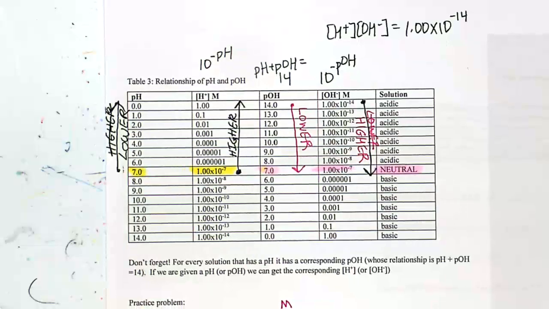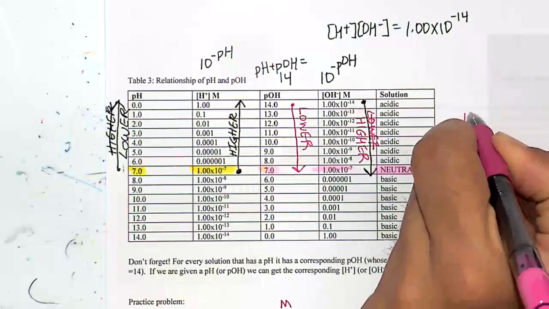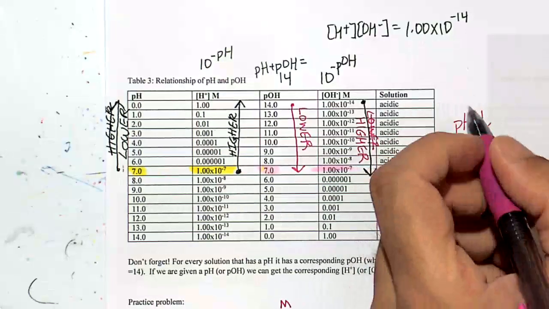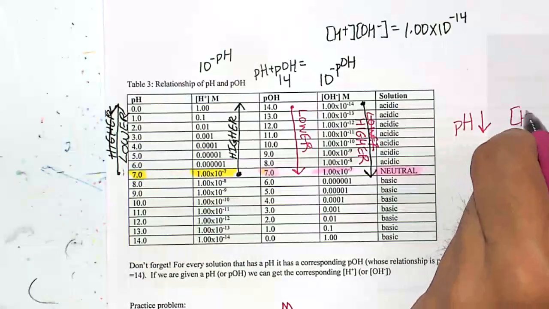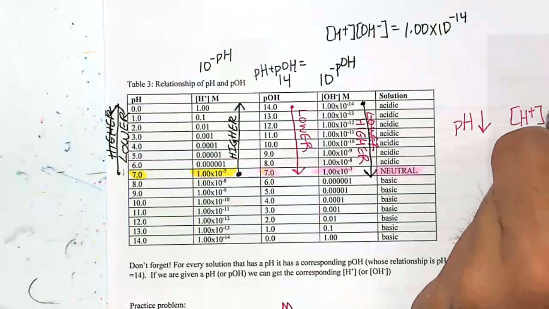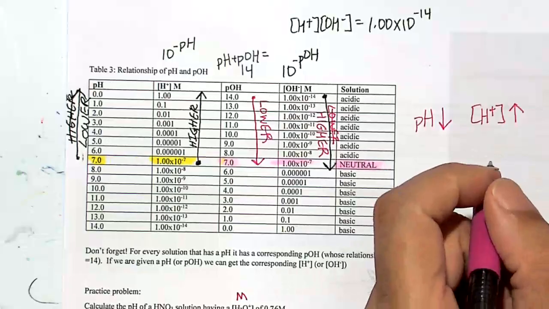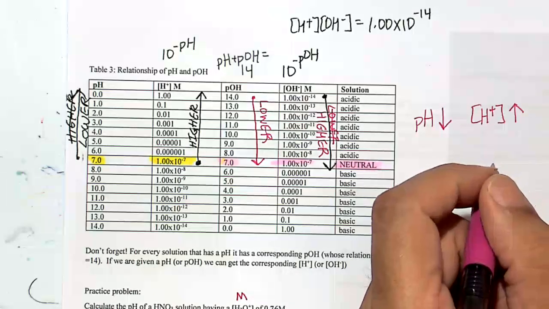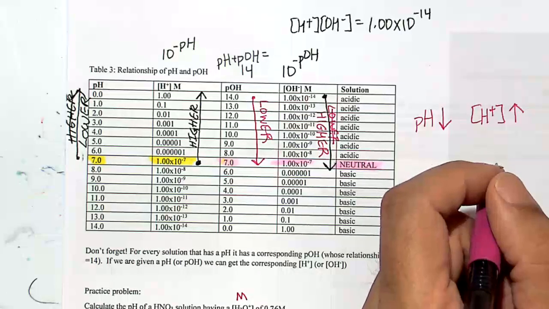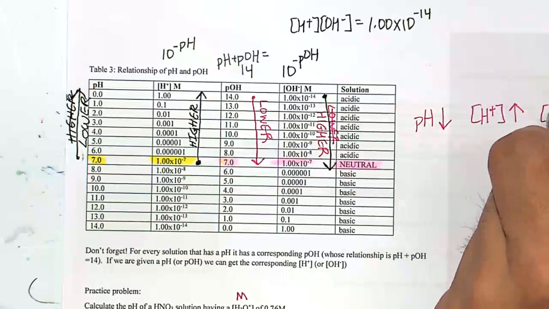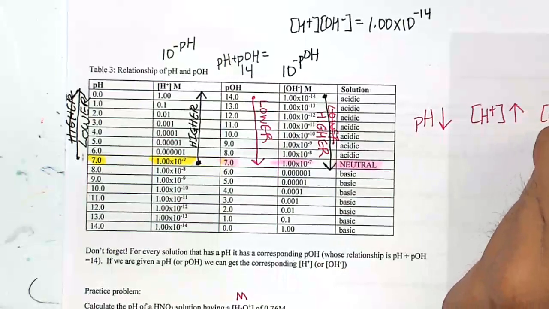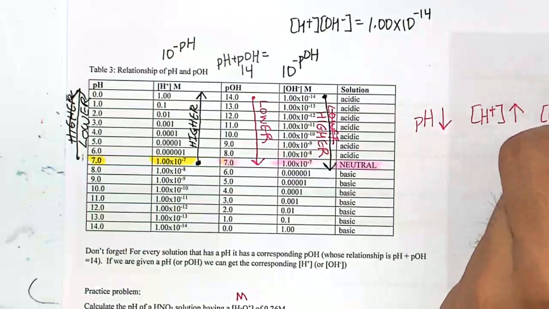I just want you to know the trends, okay? The trend is this, I'll write it down. As your pH gets lower, your H plus concentration gets higher. Okay, that's it. So everyone, the pH gets lower, H plus concentration gets higher? Mm-hmm. And as a result, the OH minus concentration, which is our base, gets lower.